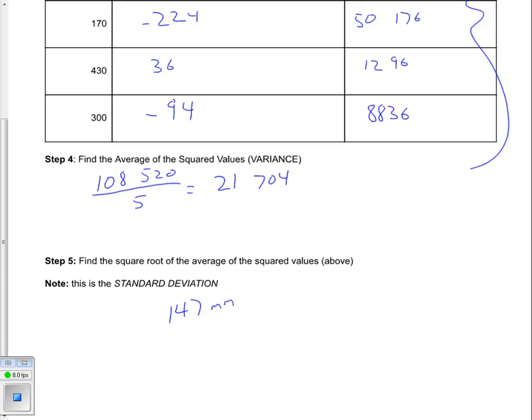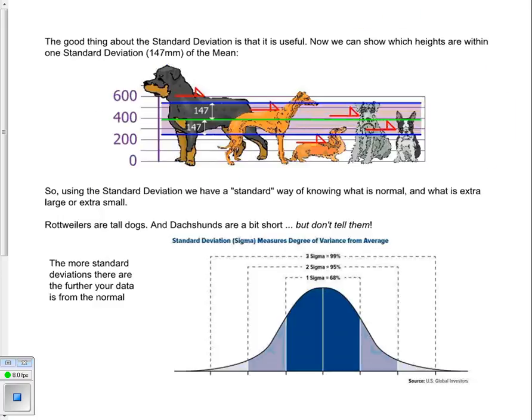That means that if the green line represents the average height of all of the dogs at the shoulder, 147 millimeters above or below that 394 millimeter mark is where almost two-thirds of all dogs in this group fall.